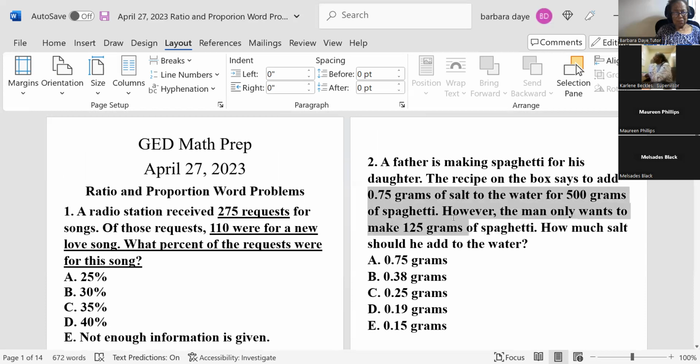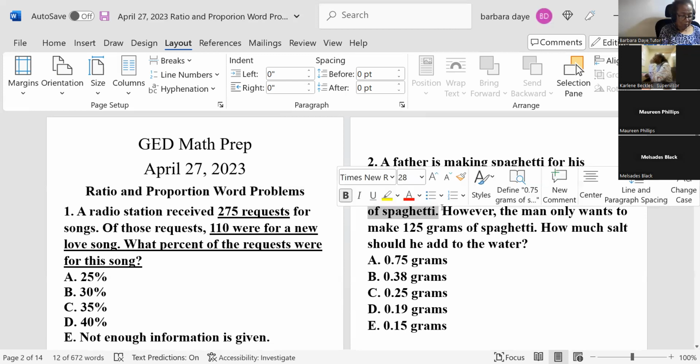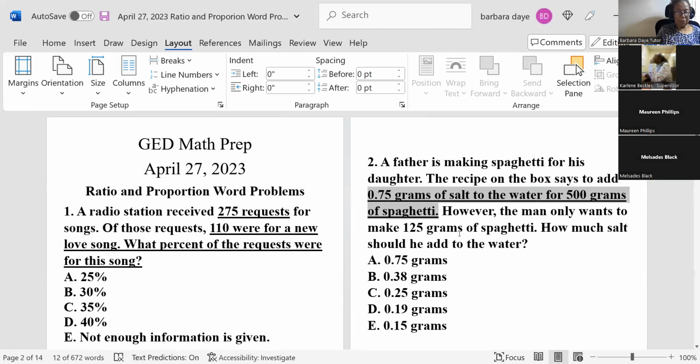Add 0.075 grams of salt to the water to make 500 grams of spaghetti. Right. Now, the man only wants to make 125 grams. He doesn't want to make 500 grams. So which means he'll need less than 0.075 grams of salt. So, how would you solve it?